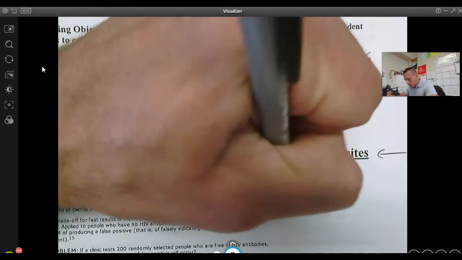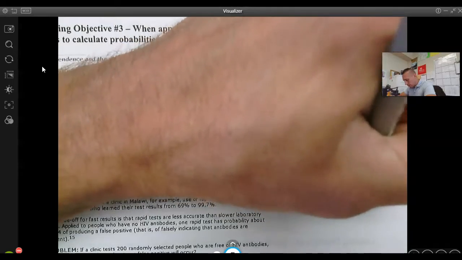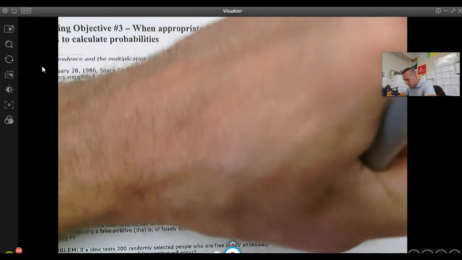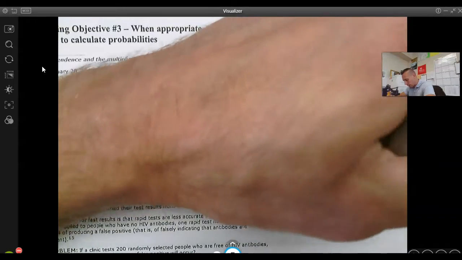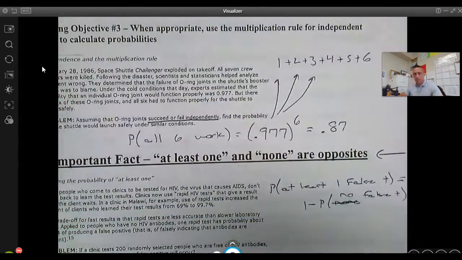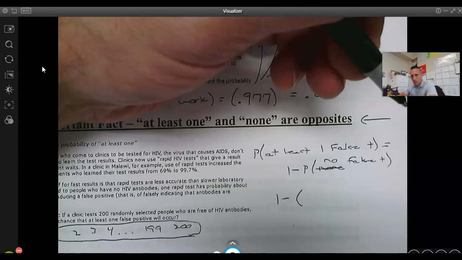We're going to do probability at least 1 false positive equals 1 minus the probability of no false positives. The way that we do this, we do 1 minus the probability that they have a false positive is 0.004.